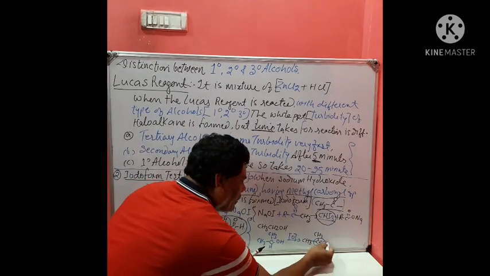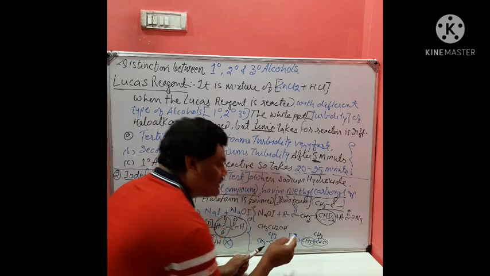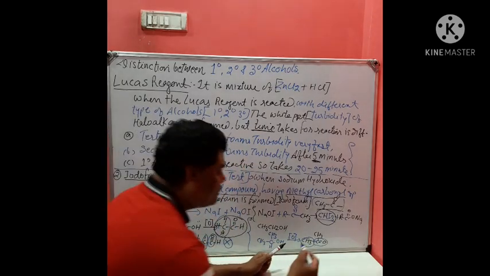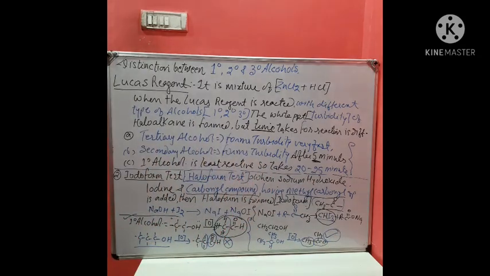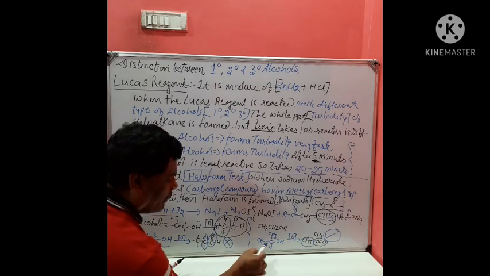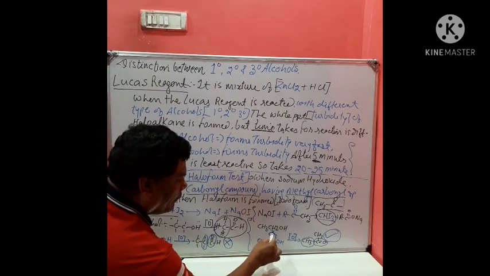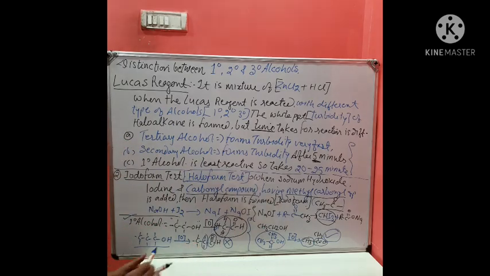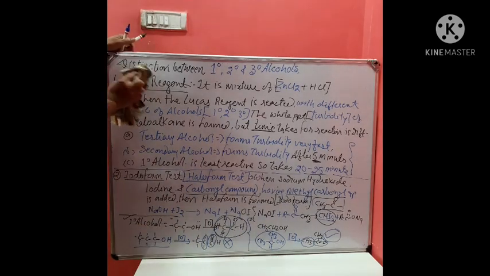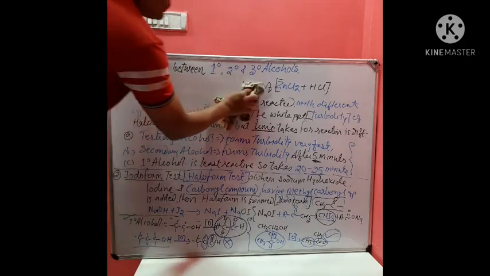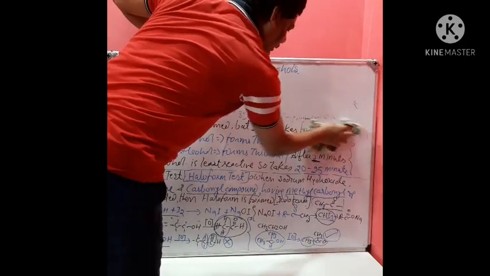With the C double bond O, the CH3 group is directly linked. That means it will again give the iodoform test. Is it clear? Propane 2 ol can easily give the iodoform test, but not propane 1 ol.